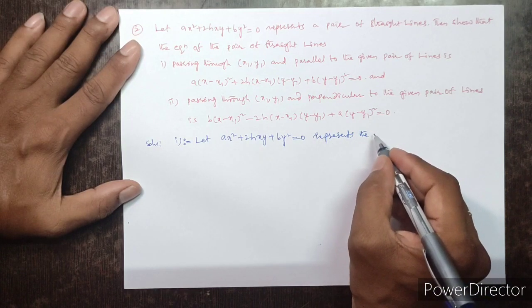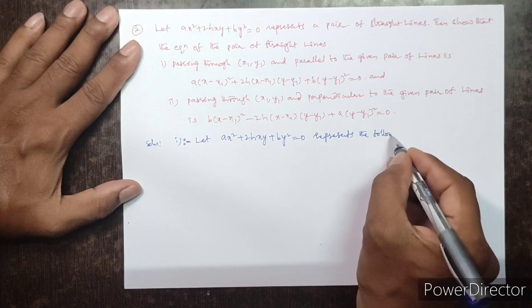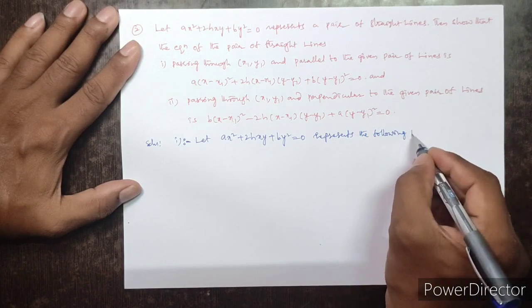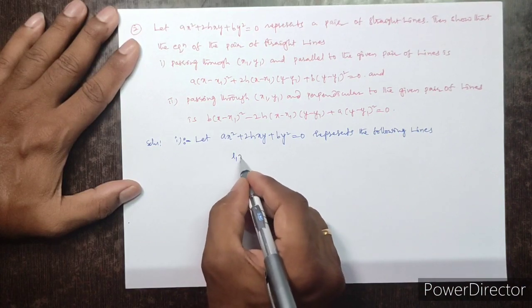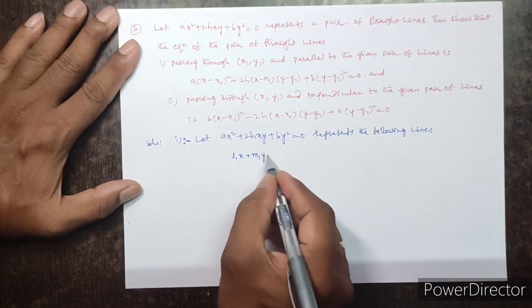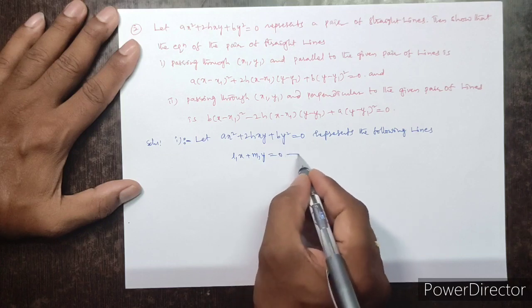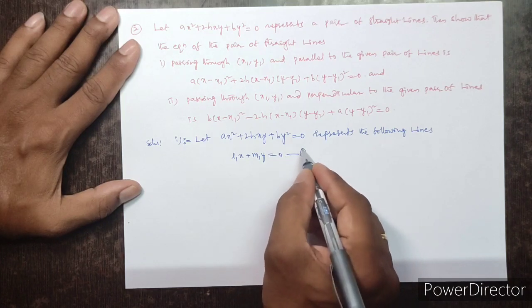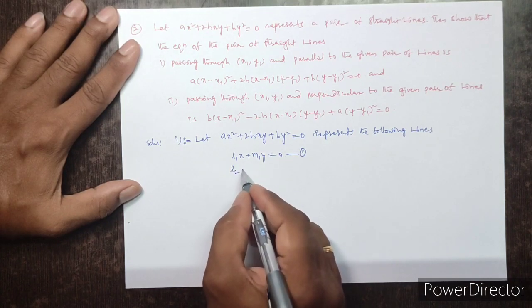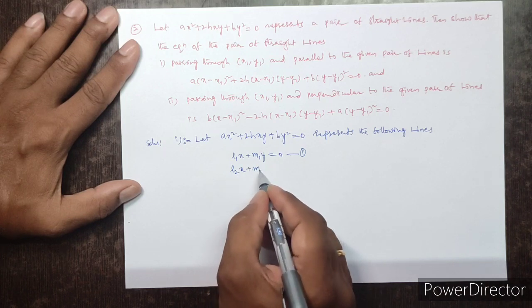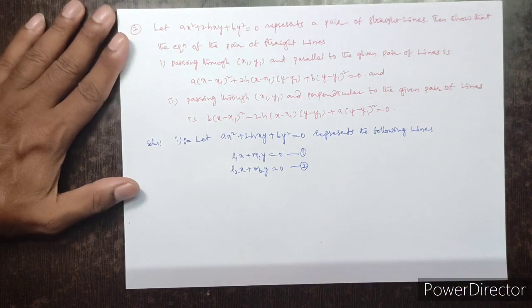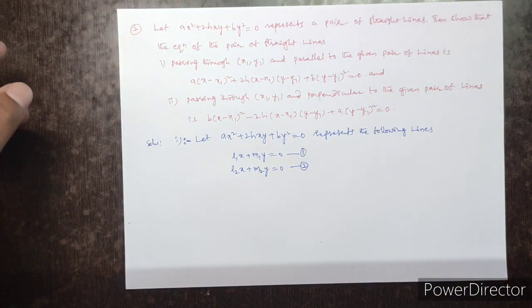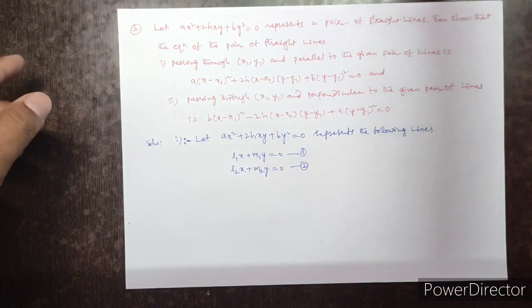Let the lines be L1x plus M1y equal to 0, that is equation 1, and the second line be L2x plus M2y equal to 0, that is equation number 2.